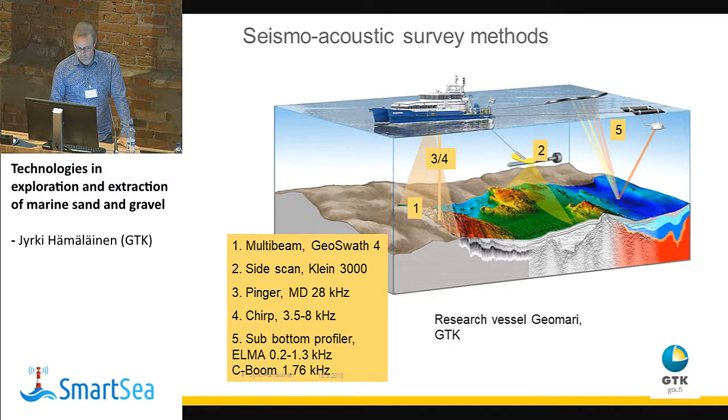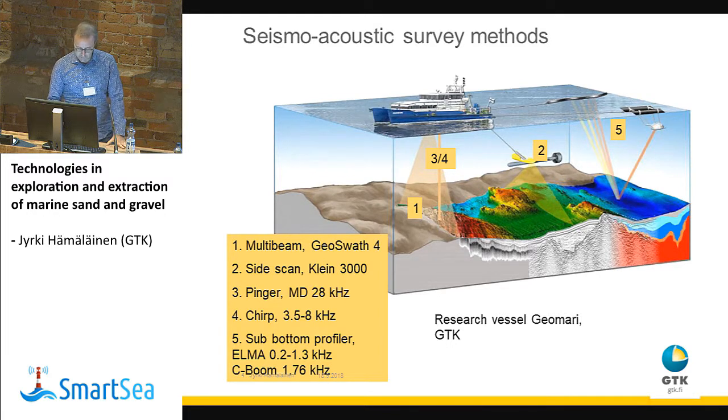But we also need profilers like Pinger, Chirp, and sub-bottom profiler, so that we can get information under the seabed also. So by combining this data, we can easily locate and estimate the possible formations.